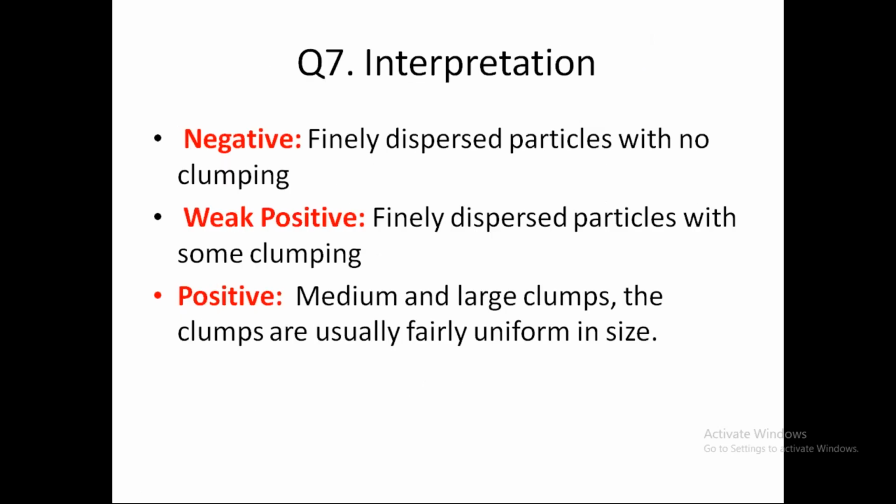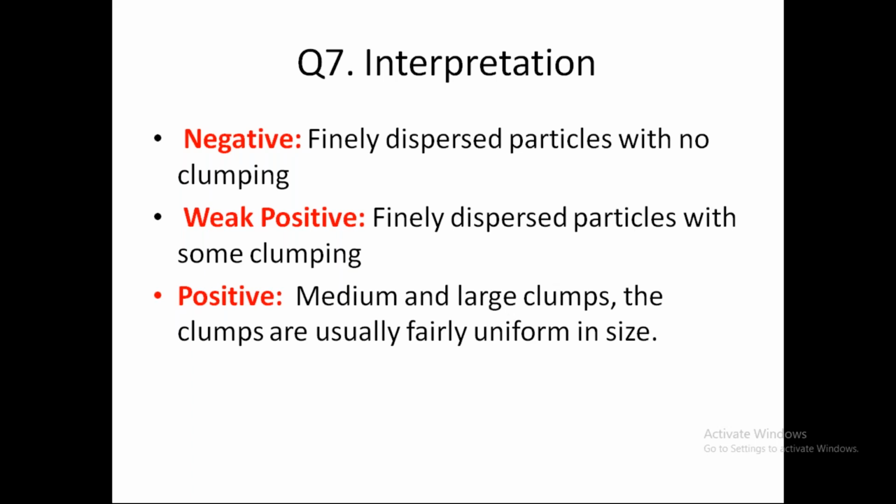Interpretation. How will you interpret the VDRL test? If negative, it means finely dispersed particles without any clumping. So there will be no clumping. In weak positive, some small clumps will be there.